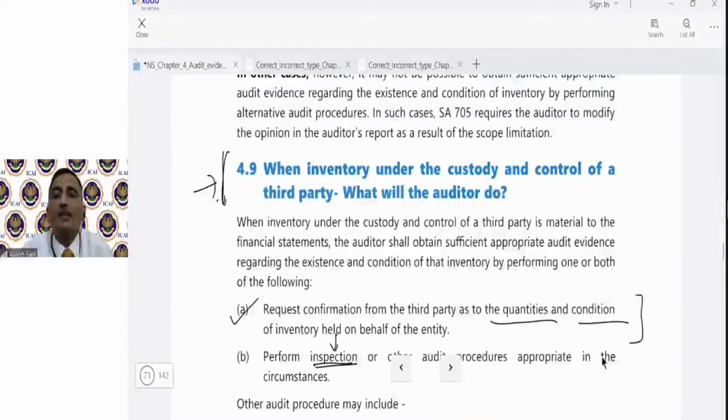So yes, students, you are clear about as far as this part of SA 501 is concerned relating to inventories. Yes, Madhav Tiwari, you are asking intervening transaction.